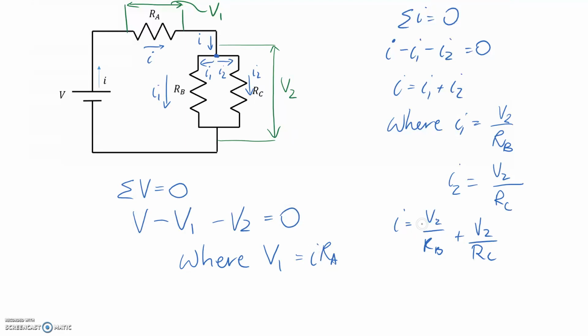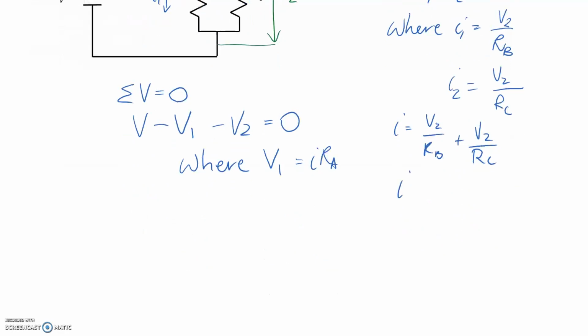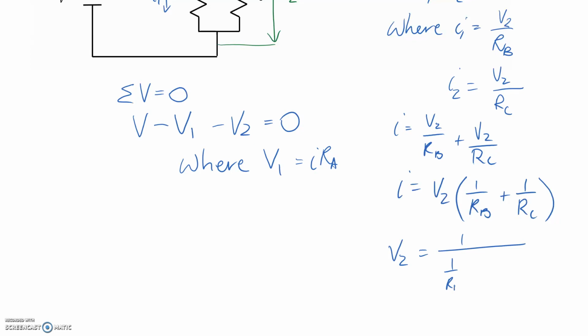So we just need to rearrange it to get V2 equals something. We can have I equals, if I factorize out V2, 1 on RB plus 1 on RC, and then V2 on its own, all of that times I.